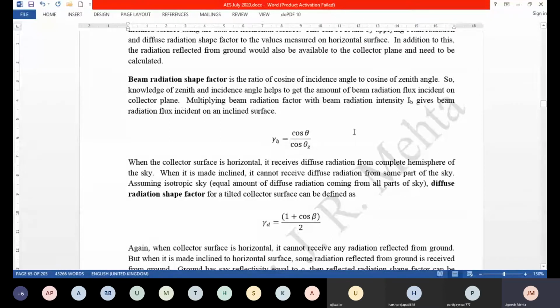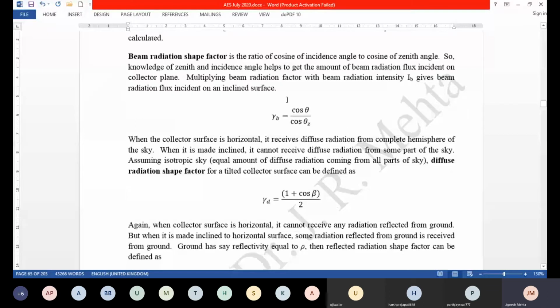So the purpose of making the collector inclined is to get a beam radiation factor greater than 1, so that for that collector, which is generally a fixed collector, at a given point of time, or when there is a need for energy for that period of time, solar radiation is available higher than what would be available on a horizontal plane.